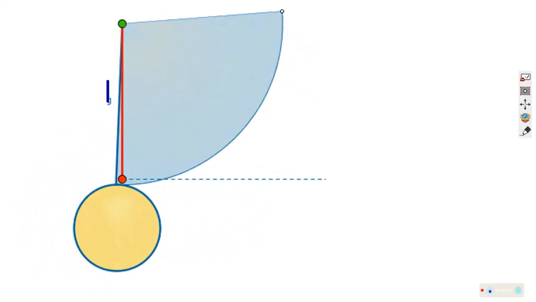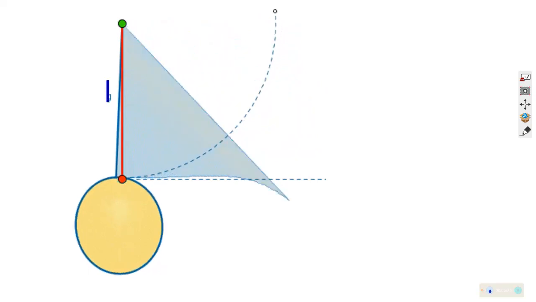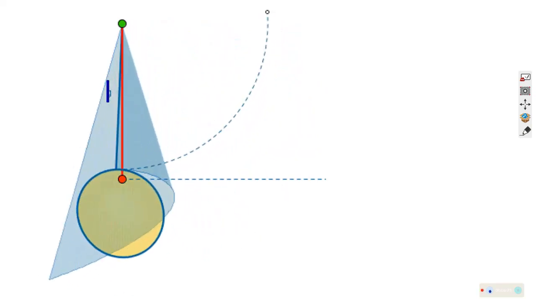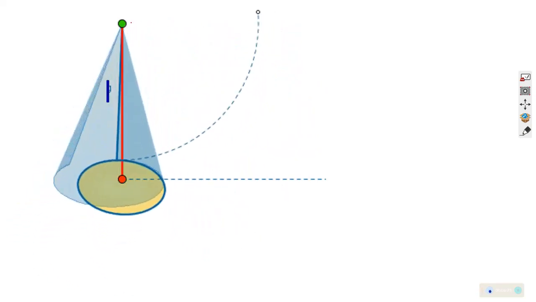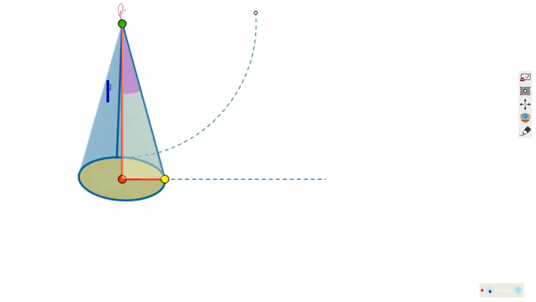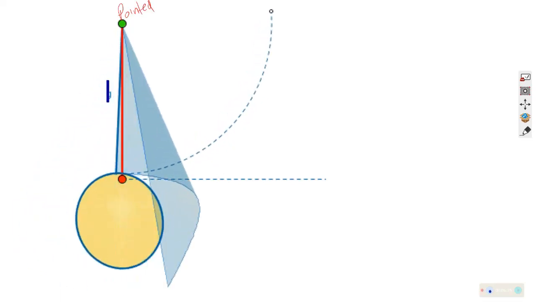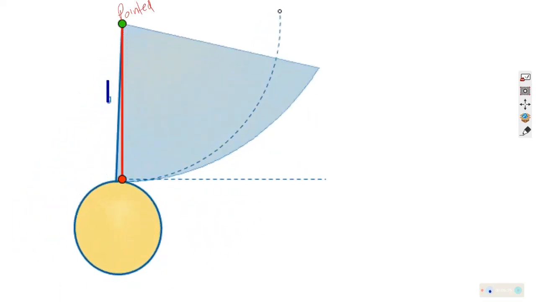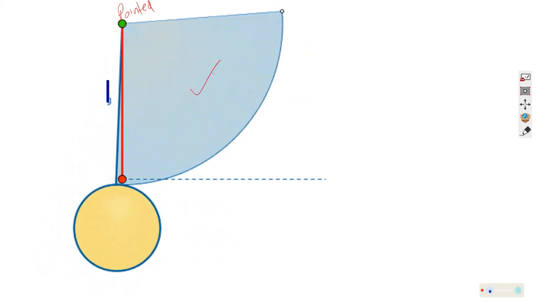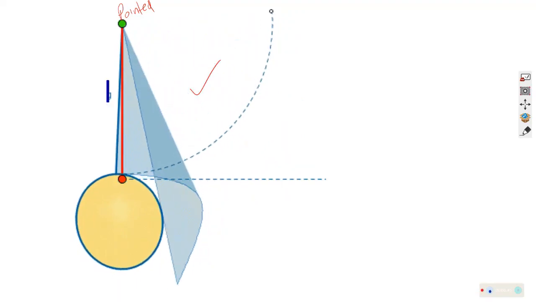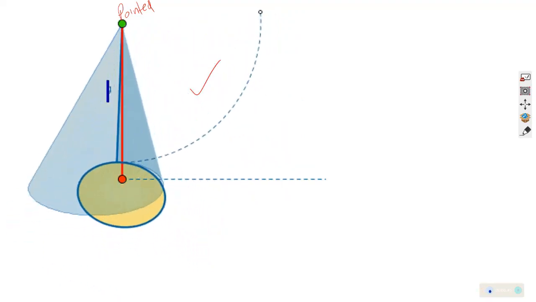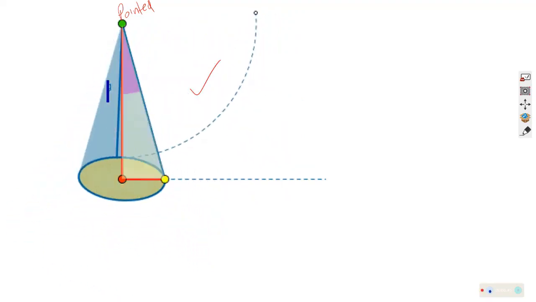The circular base is covered by a curved surface and it is tapering here. Tapering means it becomes pointed here. Understood? So if we can find the area of this one, naturally we can find the curved surface area of the cone.